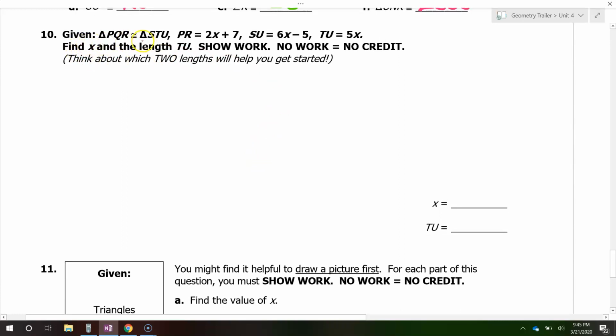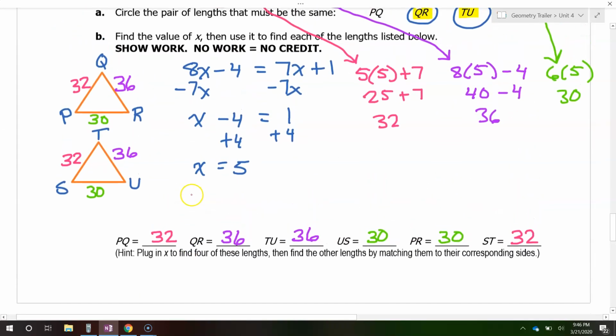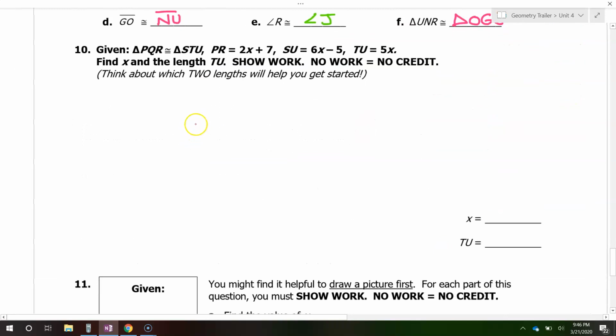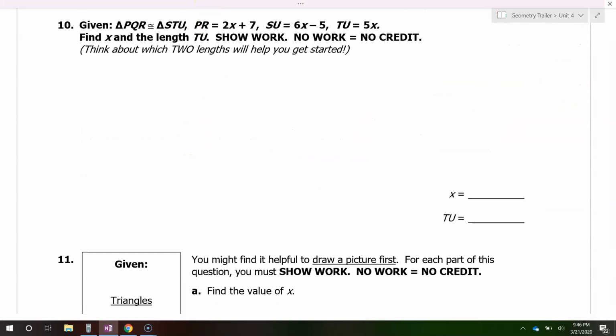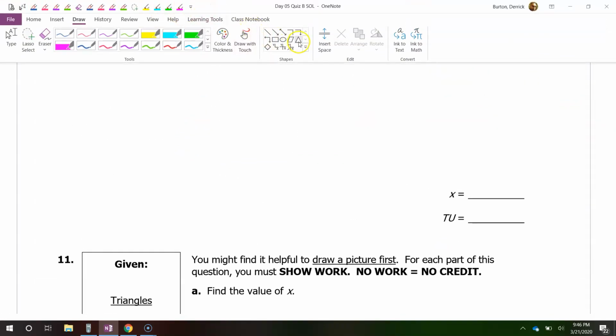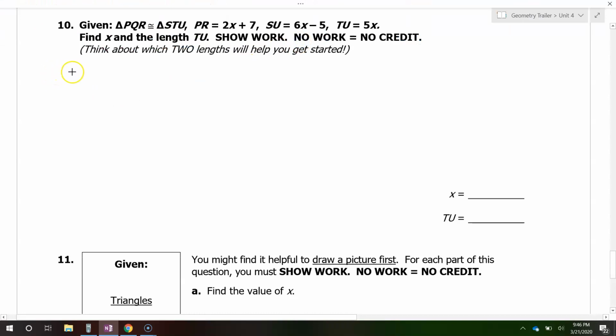Triangle PQR is congruent to triangle STU. All right, this seems similar to what we did up here. So I think I'm going to do the same strategy, and I think it was helpful to draw the triangles. So I'm going to do that again. All right, so here's a triangle, and here's another triangle.